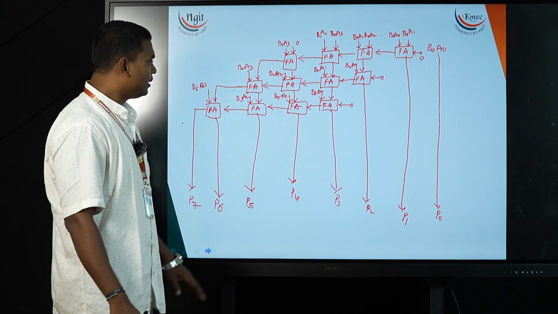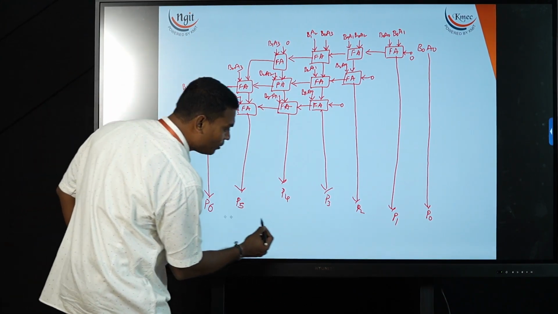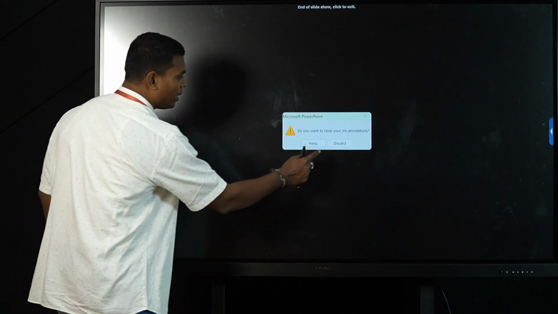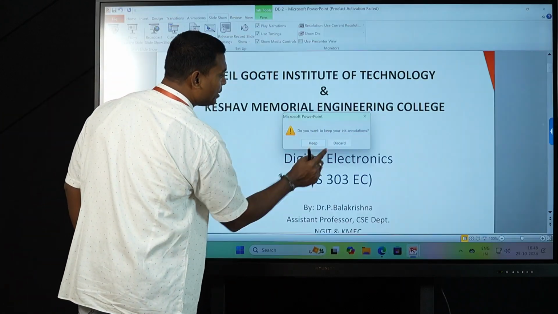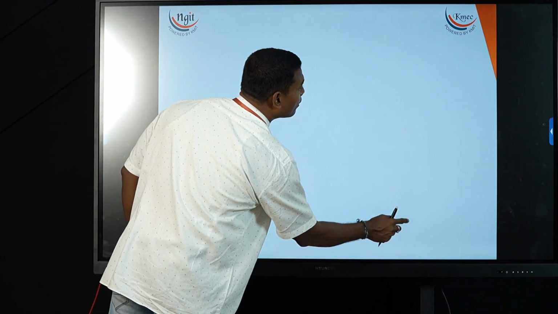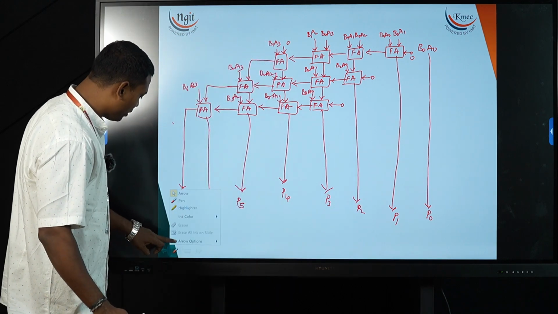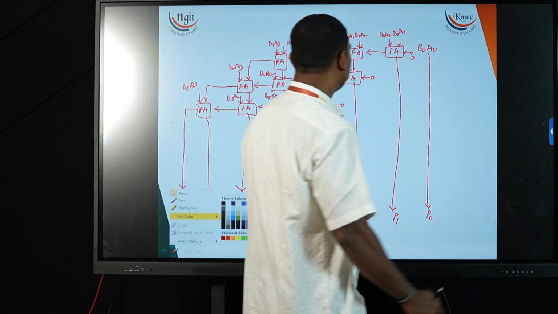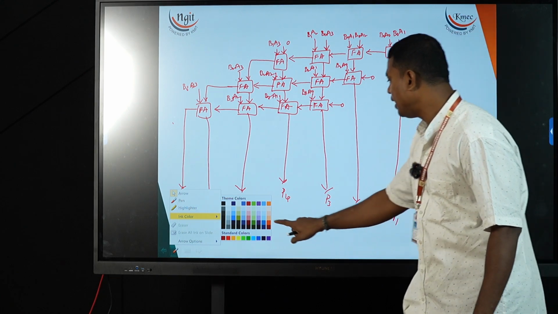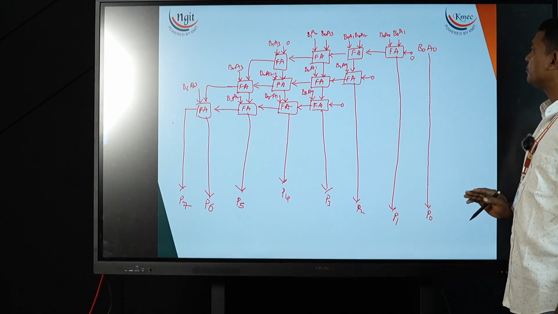Now, this is the architecture. I have kept my terms from P0 to P7. You can see clearly, B0 A0 I am taking directly as the first term.